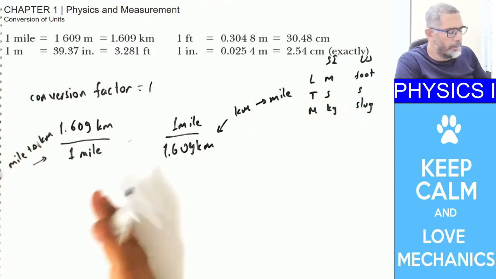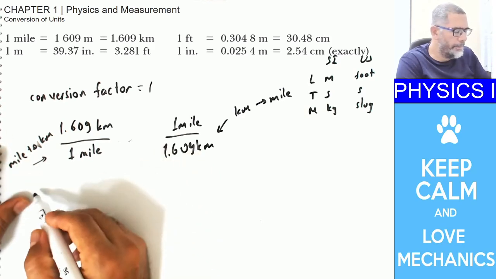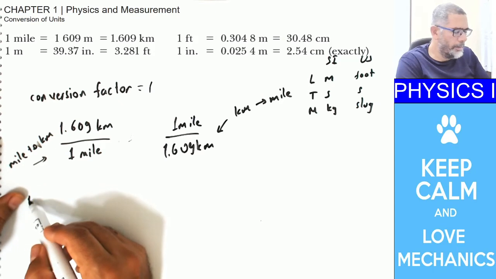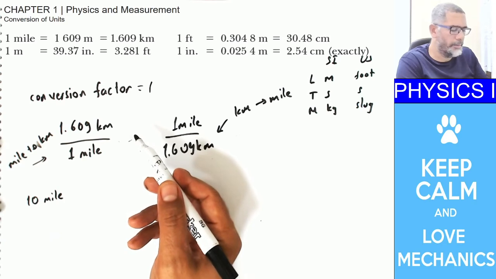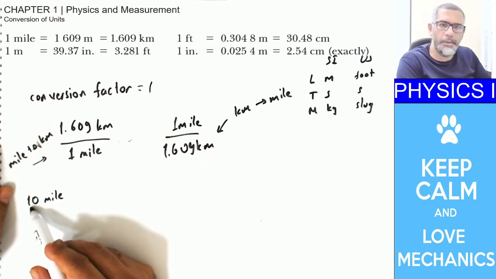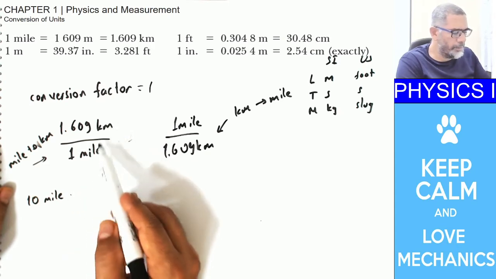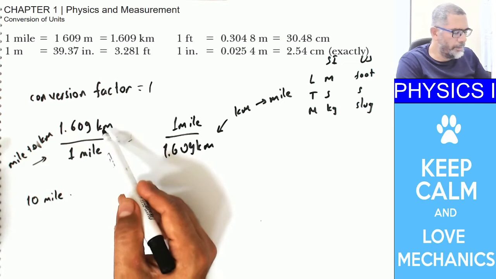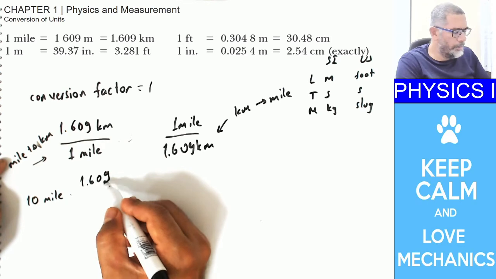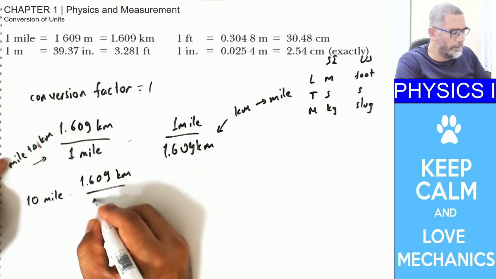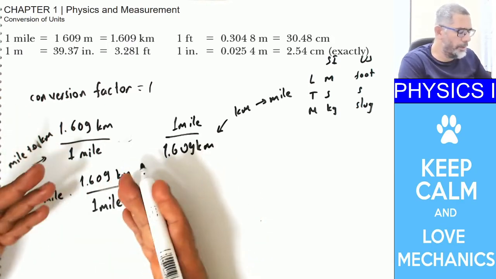Suppose you want to convert a length of, let's say, 10 miles into kilometers. What you do is write down 10 miles and multiply this by the conversion factor from mile to kilometer, which is 1.609 kilometers divided by 1 mile. Then do this algebra; just plug it into your calculator.